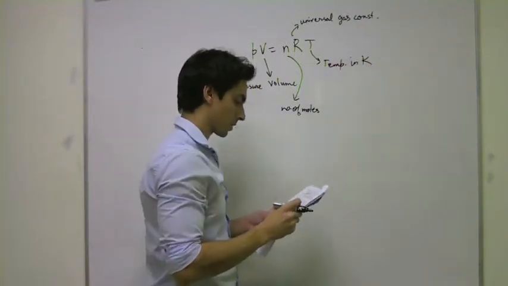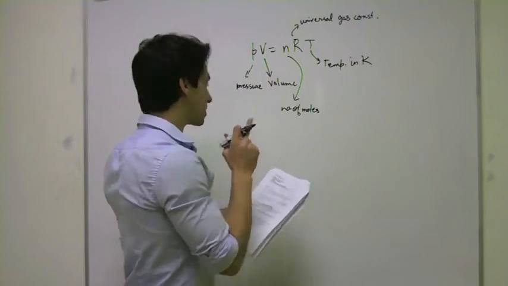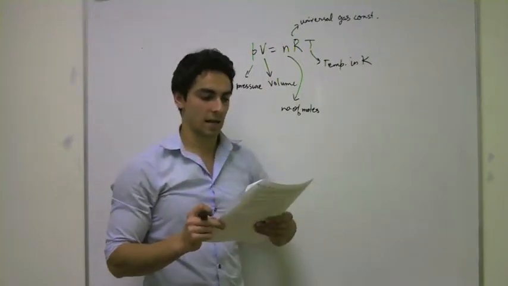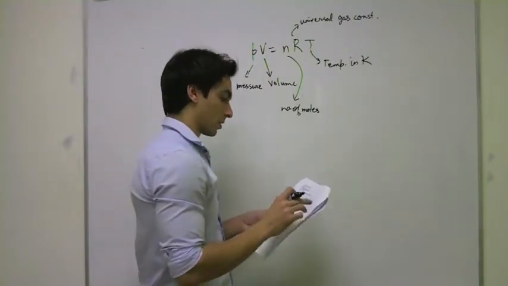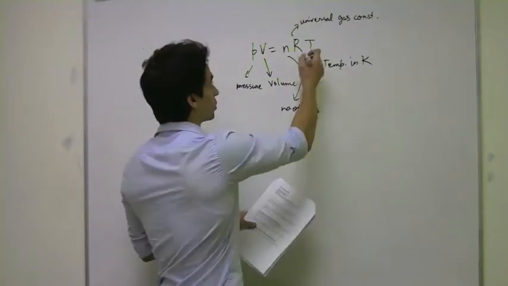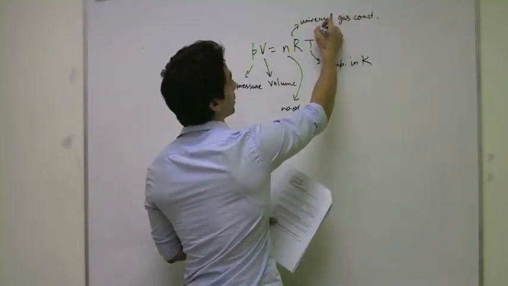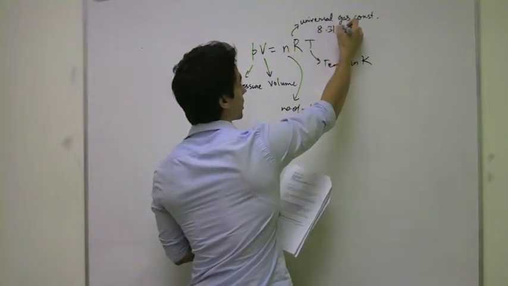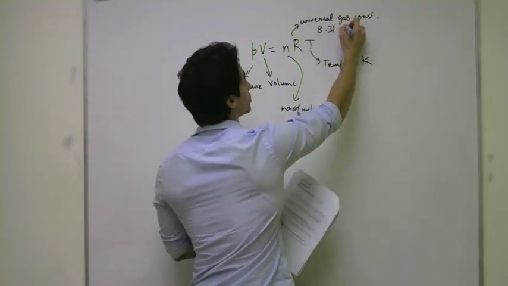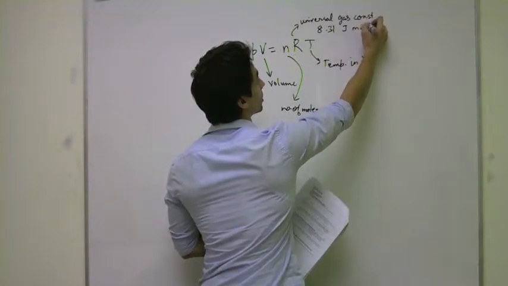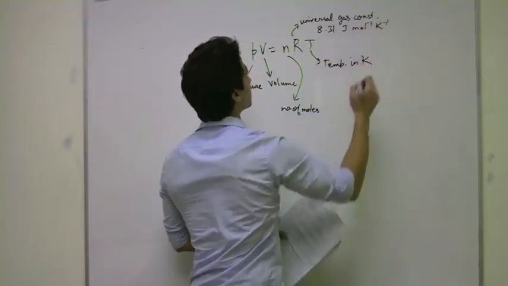Okay? Now, this is called the equation of state or the ideal gas equation. Again, the universal gas constant here is approximately 8.31 joules per mole per Kelvin, which should be available in the data booklet.